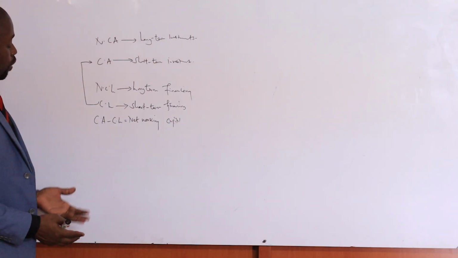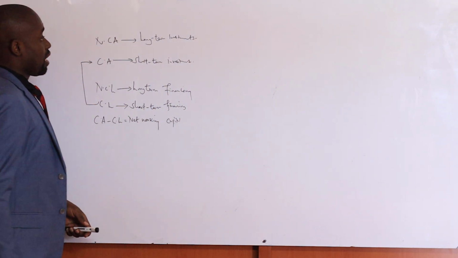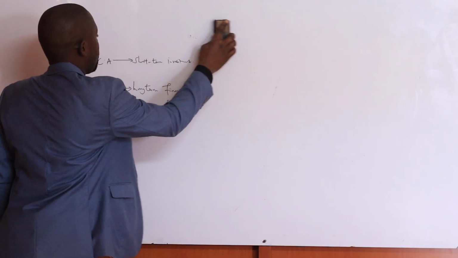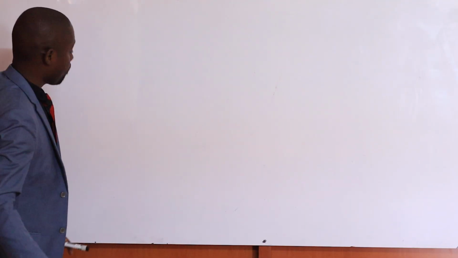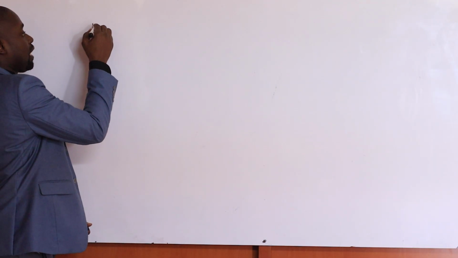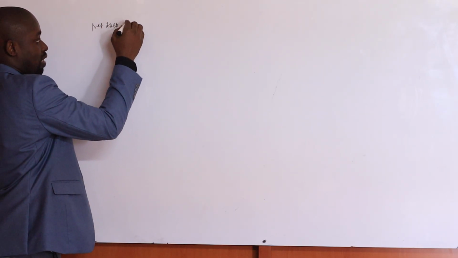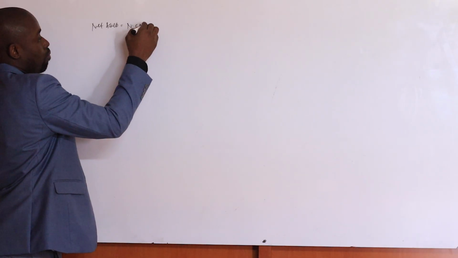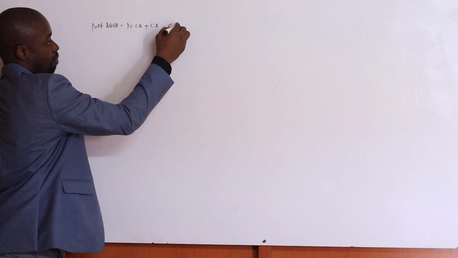Okay, then so those are what? Those are the different types of capital we're going to encounter as we move on. Another term I want you to be familiar with is what we call net assets. What are net assets? Net assets refers to all assets, both non-current plus current assets less current liabilities.